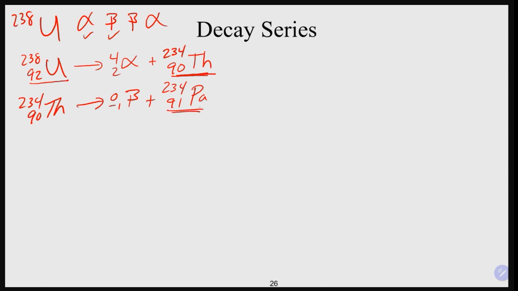Then this will continue on through the process and also go through a beta decay, and that will give us a 0 and -1. In this case, we'll be back up to 92, but with a 234. And that 92 is going to take us back to uranium at that point.